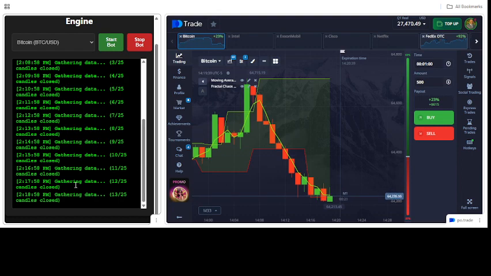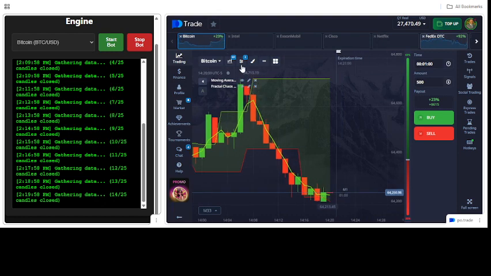So what'll happen is there'll be an alert on the screen here at the bottom once the rules of the strategy have been met, and it'll tell me, okay, open a buy alert or open a sell option. So I also have, onto the right here, my Pocket Option screen open to Bitcoin here.